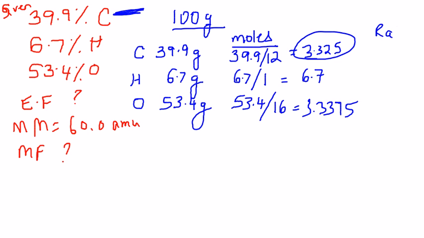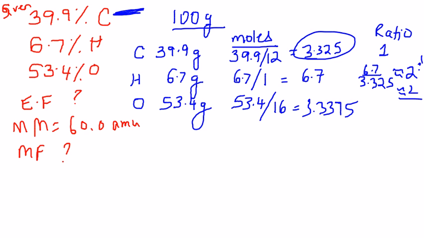So I'm going to be working on getting the simplest ratio. Divide all these three numbers by 3.325. So this will come out to be 1. Then 6.7 divided by 3.325 sounds like it's going to be approximately equal to 2. Let's, for the sake of argument, find out the exact number. 2.01 is what I'm getting, so that can be approximated to 2.